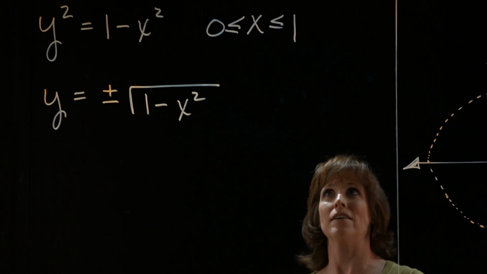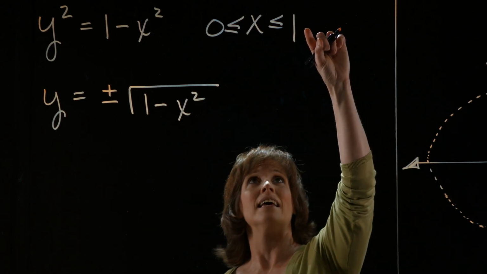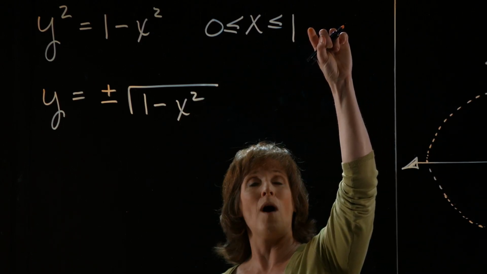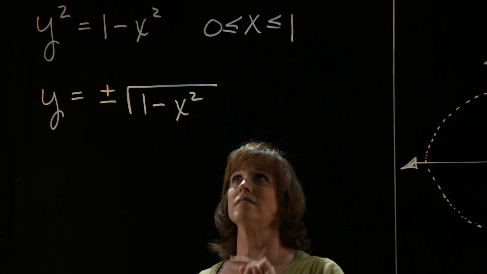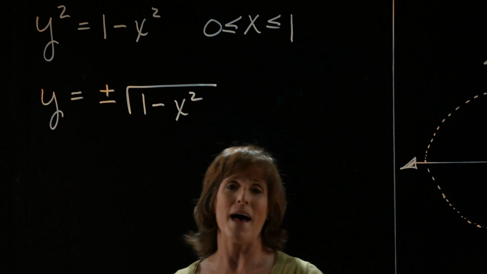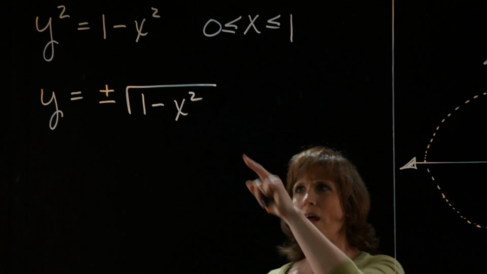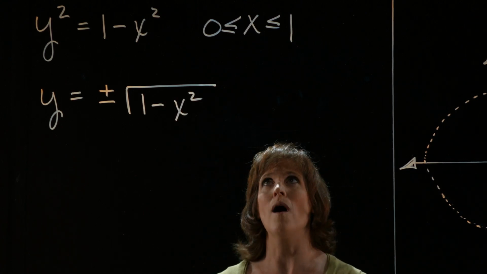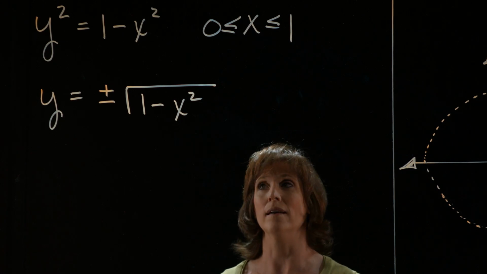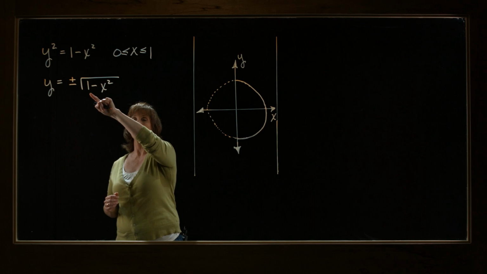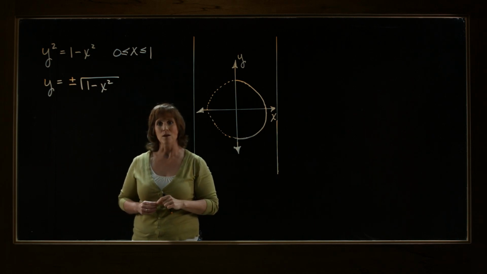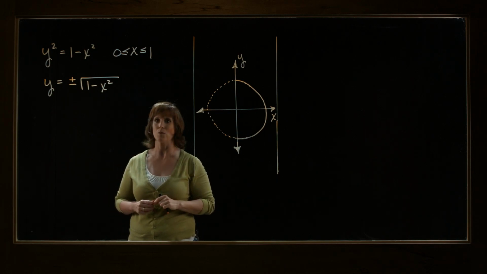I also want to point out at this juncture that my first statement required x to be between 0 and 1. That was important because in this problem, x really could be anything. When I write it in this format, it becomes clear why x has to be between 0 and 1. If x is not between 0 and 1, we'll have a negative under our radical sign, which is a complex number, and that's not something we're going to be dealing with.